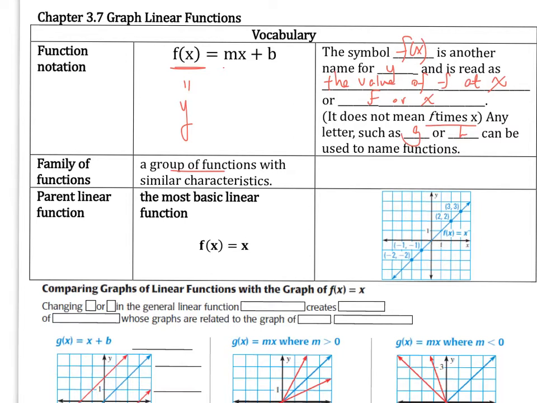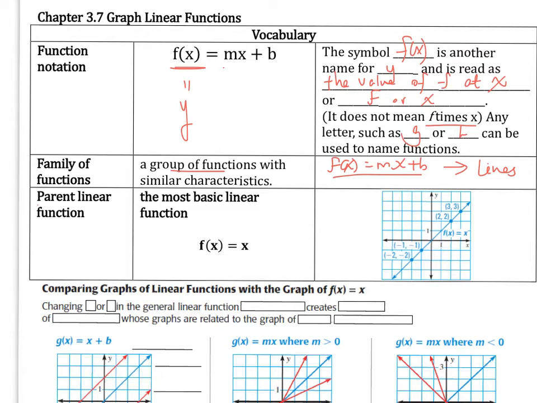So if I give you f of x equals mx plus b, you can come up with many types of equations following this format, and they will all look like lines, and we call that a family of functions.